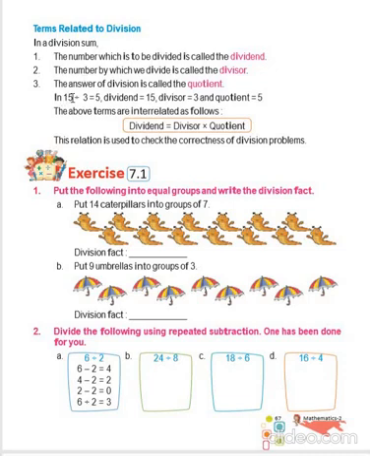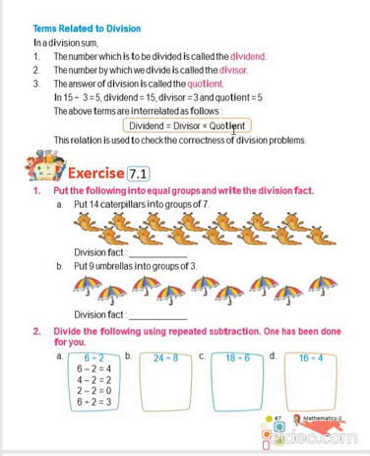So 15 divided by 3 is equal to 5. So 15 is the dividend, 3 is the divisor and 5 is the quotient. Dividend is equal to divisor into quotient. This is used to check the correctness of division problems.